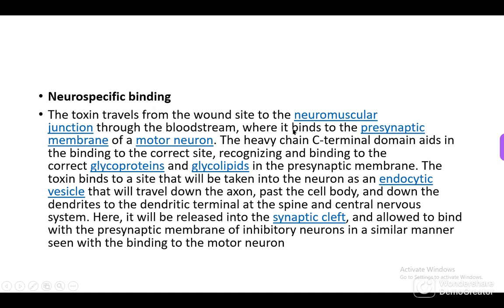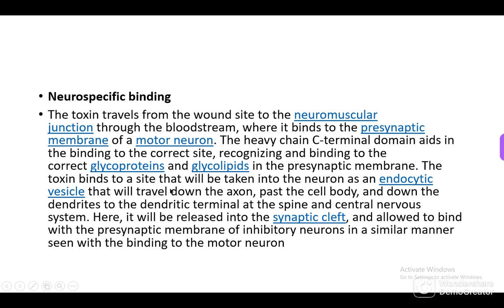Neurospecific binding occurs at the neuromuscular junction, where acetylcholine is released. The toxin binds to the presynaptic membrane of a motor neuron; the heavy chain C-terminal domain recognizes and binds the correct protein and glycolipids. This is the mode of action actually.